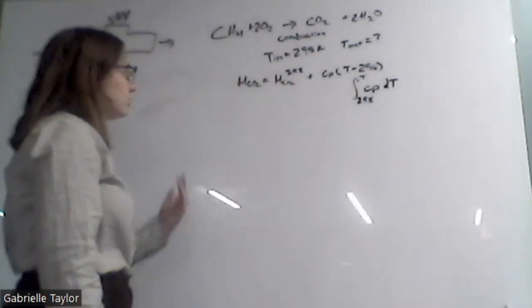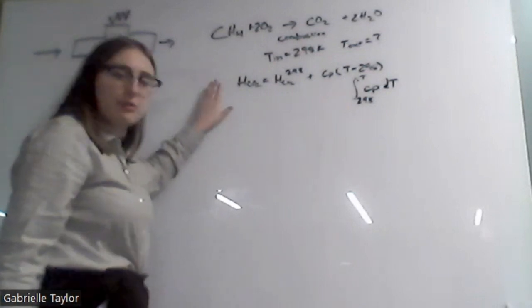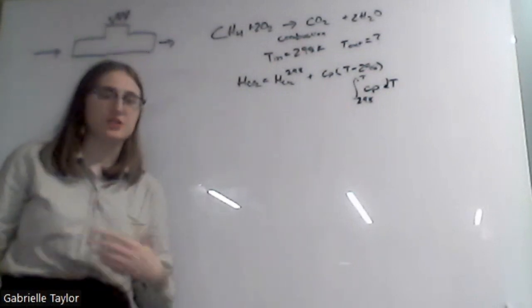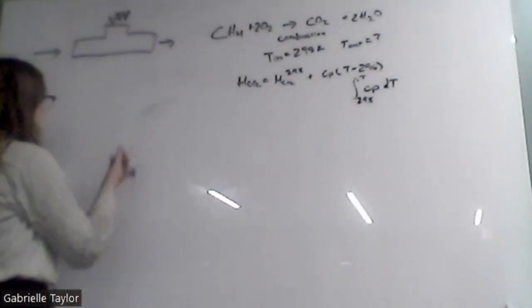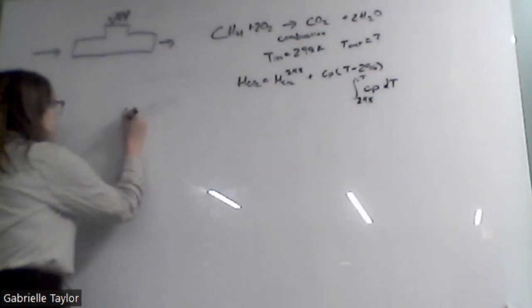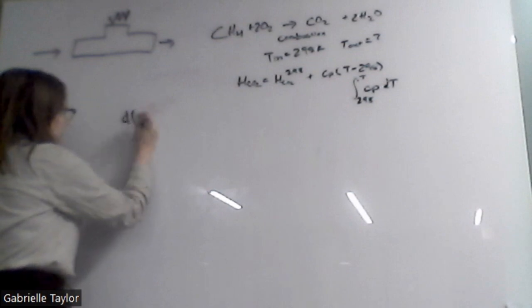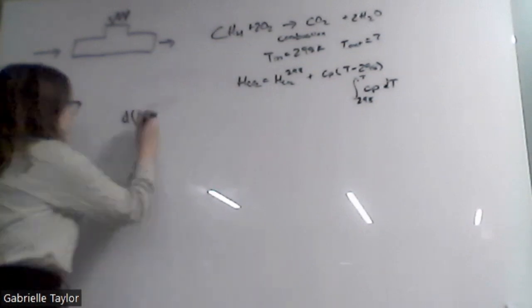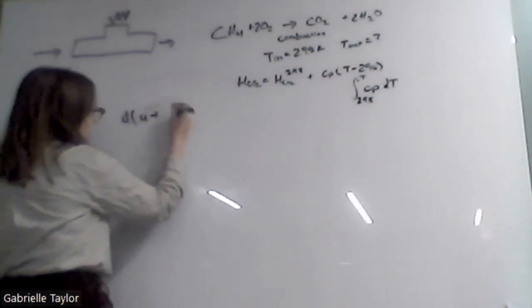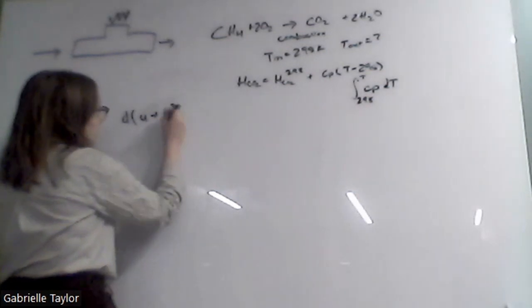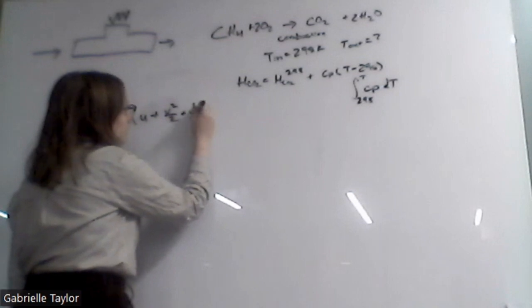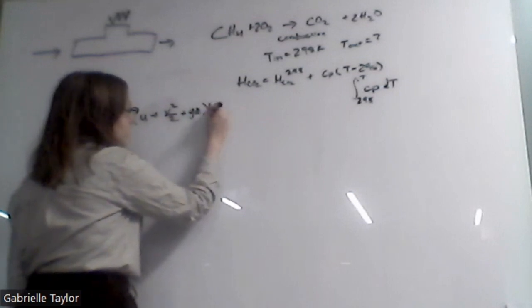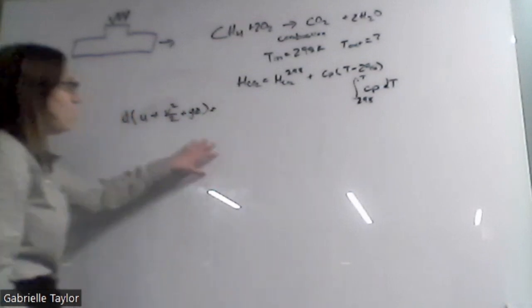Okay, so now we know what our enthalpy equation is, and let's do our energy balance equation. So the energy that's changed in the system, so differential amount of internal energy plus the differential amount of kinetic energy plus the differential amount of potential energy, this is of our system.